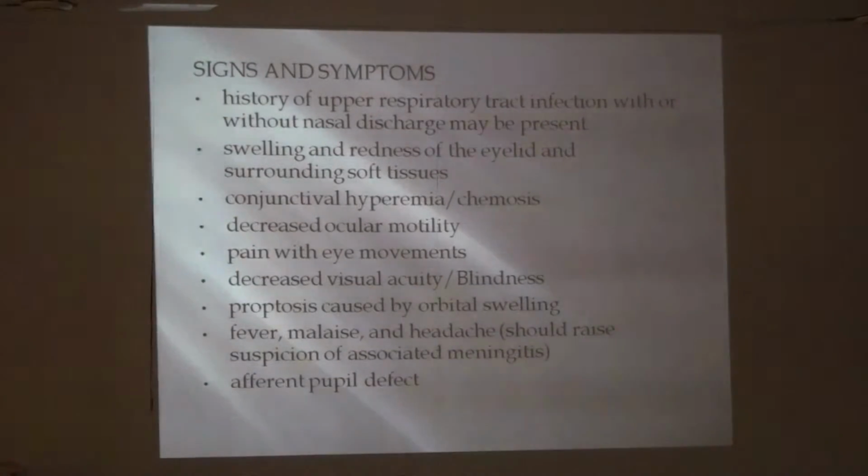Swelling and redness of the eyelid and surrounding soft tissues, conjunctival hyperemia, chemosis, decreased ocular motility, pain with eye movements, decreased visual acuity and blindness, proptosis caused by orbital swelling, fever, malaise, headache, should raise suspicion of associated meningitis. Then afferent pupillary defect, there may be ophthalmoplegia. The first muscle involved is the lateral rectus.